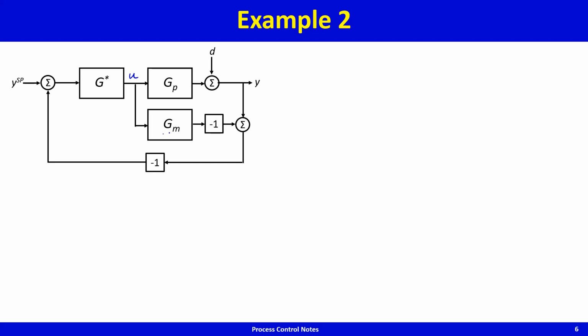You have a model of the process. This is the actual process, this is the model of the process. GM approximates GP, but it's not exactly equal to GP, so GM is approximately equal to GP, and the better the approximation, the better off the performance would be.